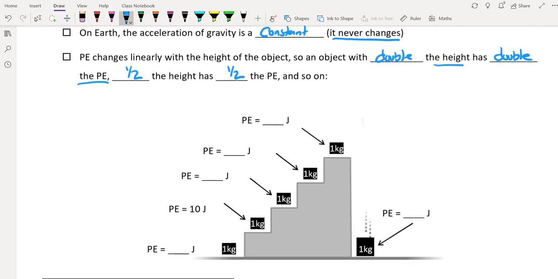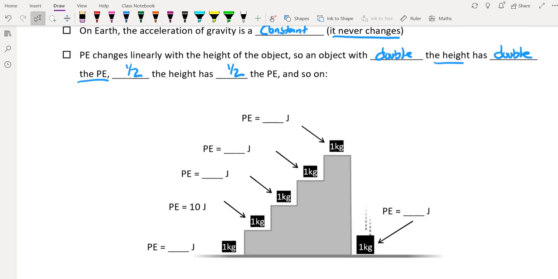So let's have a look at an example here of a box on a staircase. Potential energy is always relative to height and to the ground. So right here, this is our ground, and we'll call this 0 meters.